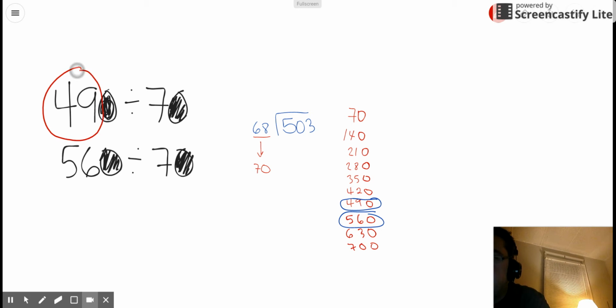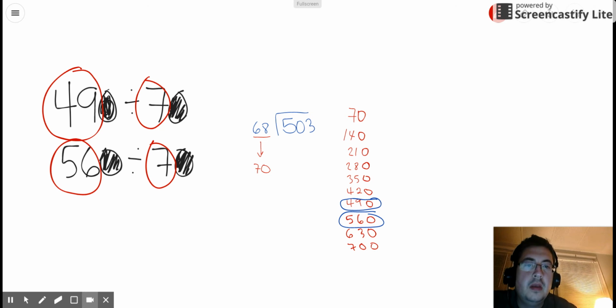So I have 49 divided by 7, and then I have 56 divided by 7. And if you don't know your division basic facts, it's all right. As long as you have your list of multiples, it's going to be easy to figure out what the quotient for both of these division problems is going to be.